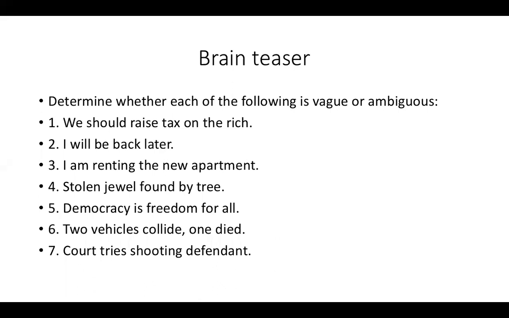Number 7, court tries shooting defendant. It's also ambiguous. Explain the ambiguity. It can either mean that the court has tried to shoot a defendant, or that the court is putting on trial somebody who has shot somebody. Okay, good.